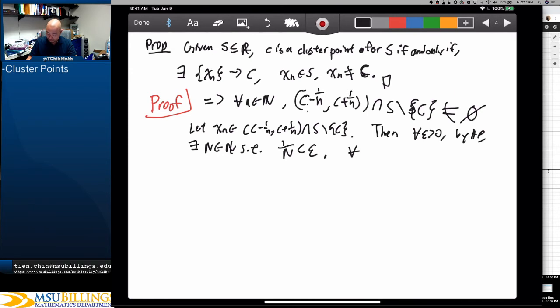So for all little n greater than or equal to big N, we know the distance from xn to C is less than 1 over n, which is less than or equal to 1 over big N, which is itself strictly less than epsilon. So for any epsilon, these x sub n's get to be within epsilon of C. So that proves that this sequence converges to C.